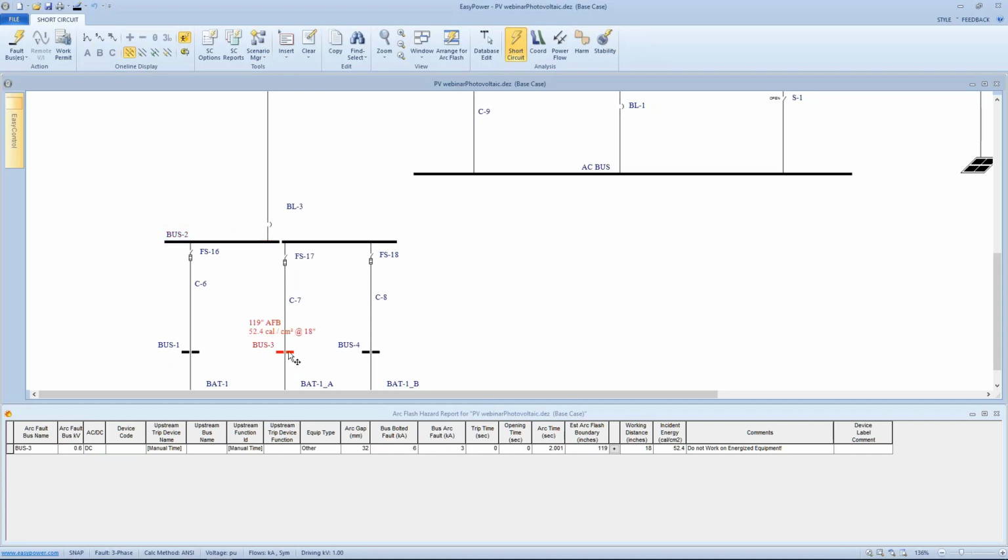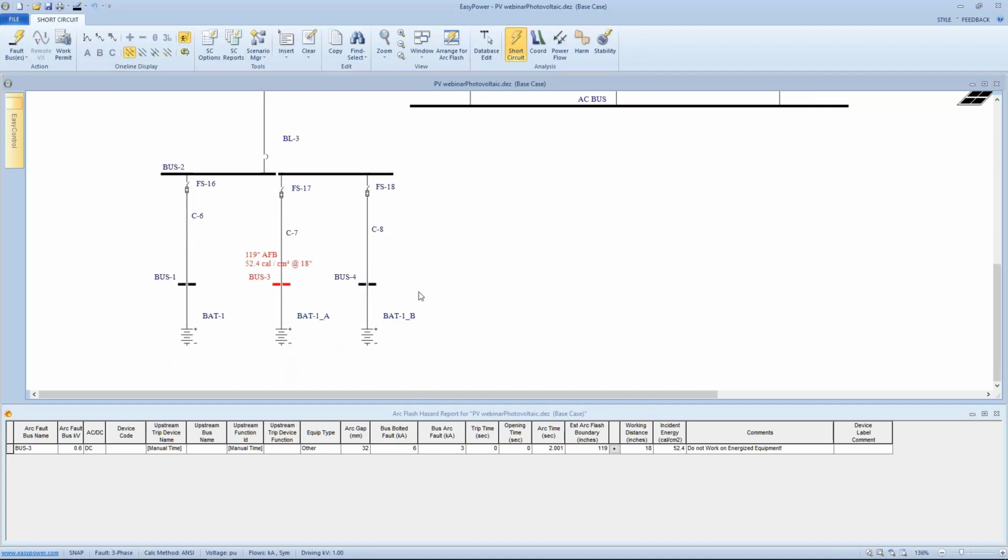Down inside the battery compartment, it's going to be less, but still a dangerous situation. So these are real hazards, and I think thought must be given to how battery systems are modularized, isolated and fused, and then how people can be protected when they're working in a live system.